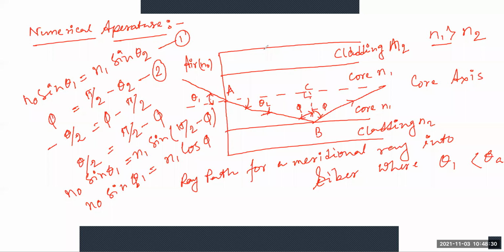Again in trigonometry we have a relation: sine square phi plus cos square phi equals 1. If we apply this, then n naught sine theta 1 equals n1 times 1 minus sine square phi to the power half.